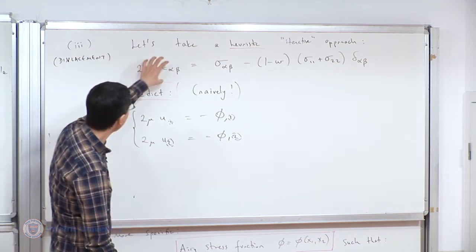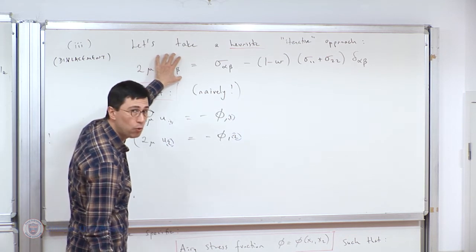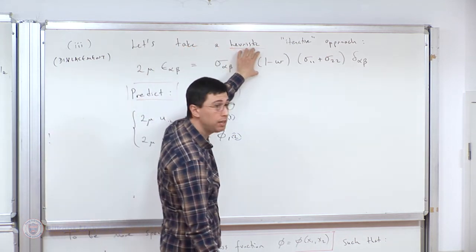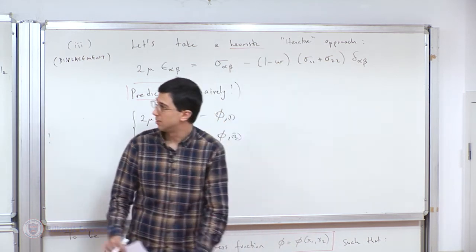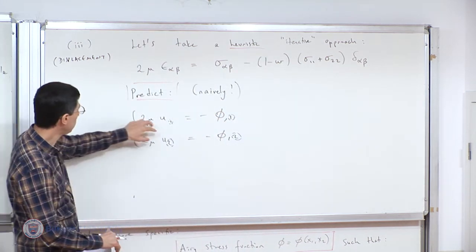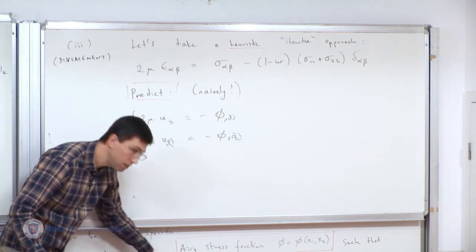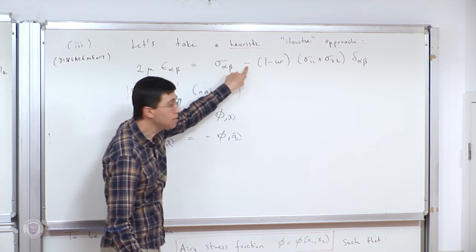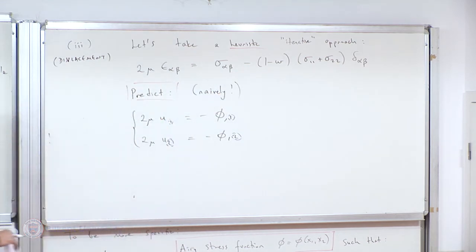So when I evaluate the left-hand side in terms of the displacements, it should be equal to whatever I have on the right-hand side. And it turns out that when you plug these in there, the equality does not hold.